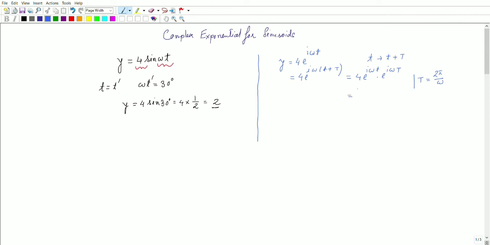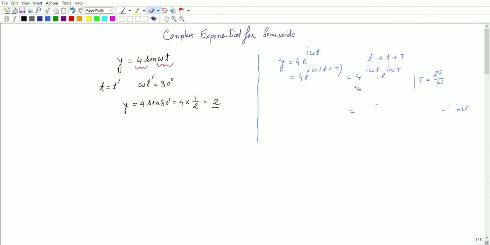So we get 4 e to the power i omega t times e to the power i twice pi. Using the Euler expression, e to the power i twice pi is cos twice pi plus i sine twice pi, where cos twice pi is equal to 1 and sine twice pi is equal to 0. So it gives 1, and it becomes 4 e to the power i omega t again. Since it is repeating, it is a periodic function.